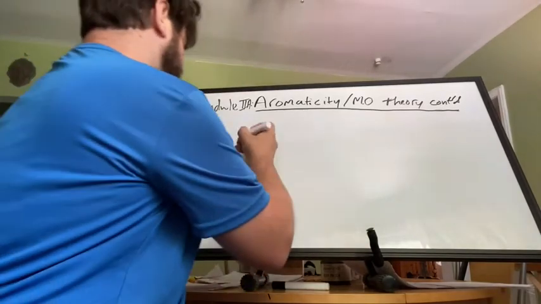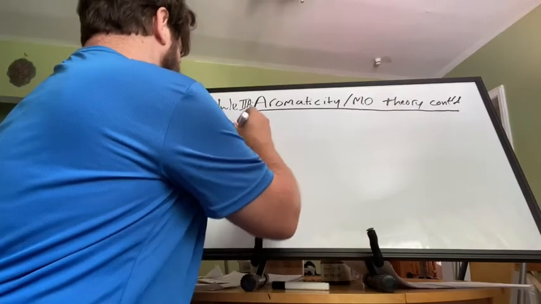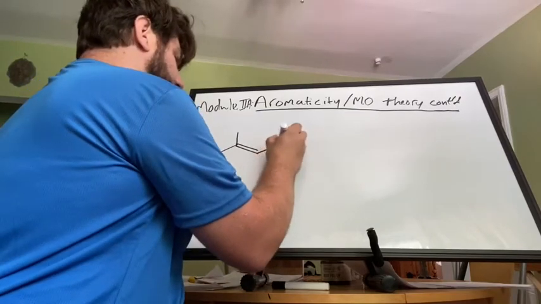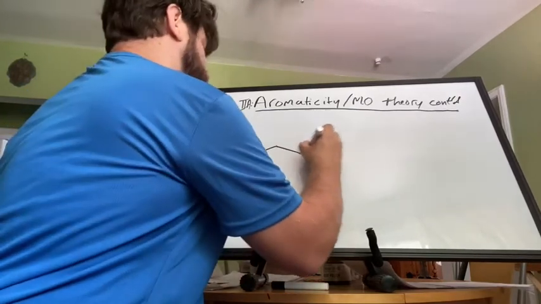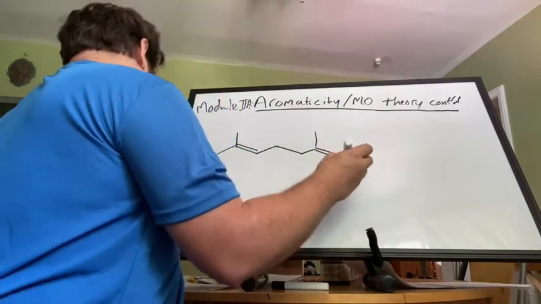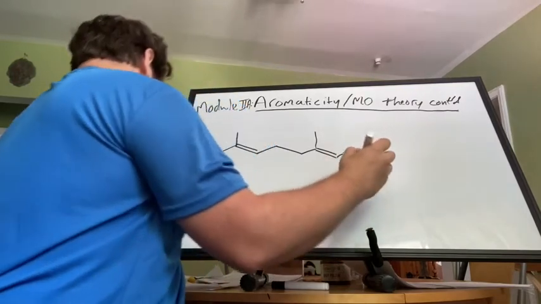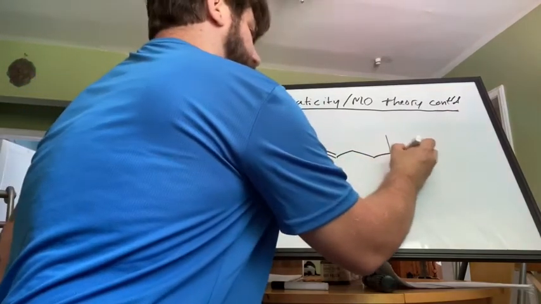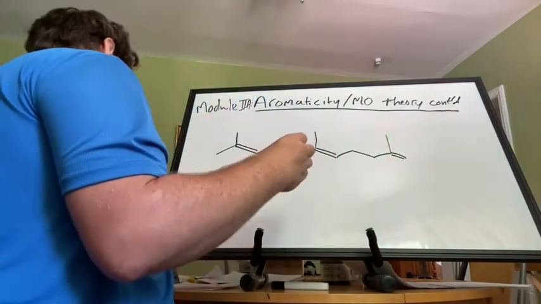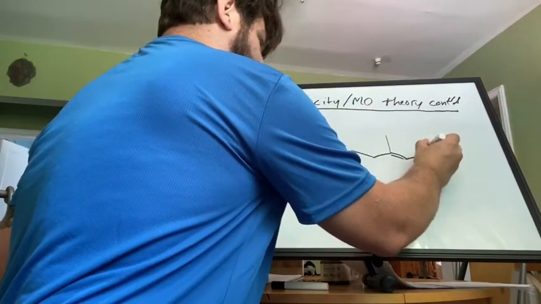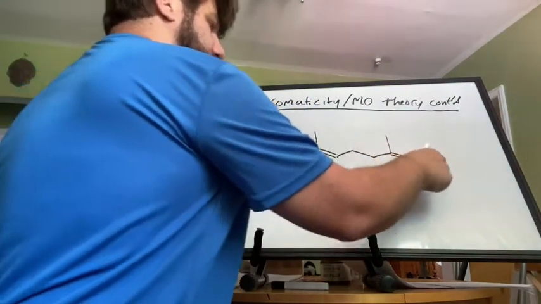Okay, we're going to take the first example, which is called squalene, which goes into certain types of cosmetic formulations, actually taken from sharks, although I would imagine it's produced synthetically. Okay, so I'm running out of room here, but I'll just do the rotation down. 1, 2, okay.